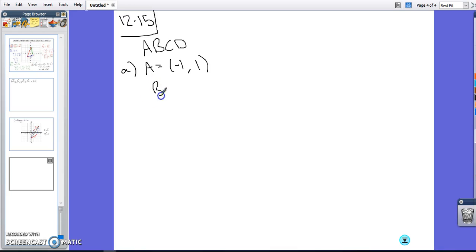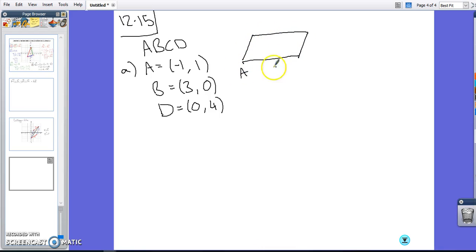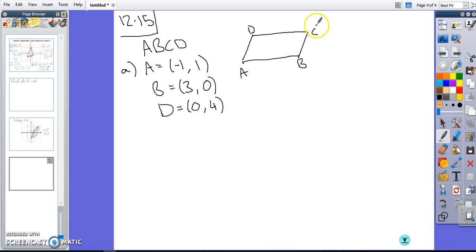We know that B is 3, 0. And we know that D is equal to 0, 4. Now with all geometric exercises, I recommend the first step you do is drawing a sketch. So we have point A, B, C, D. And we need to figure out what point C is here.